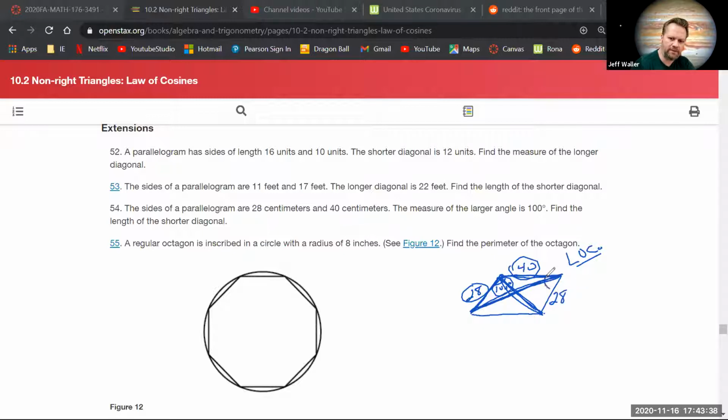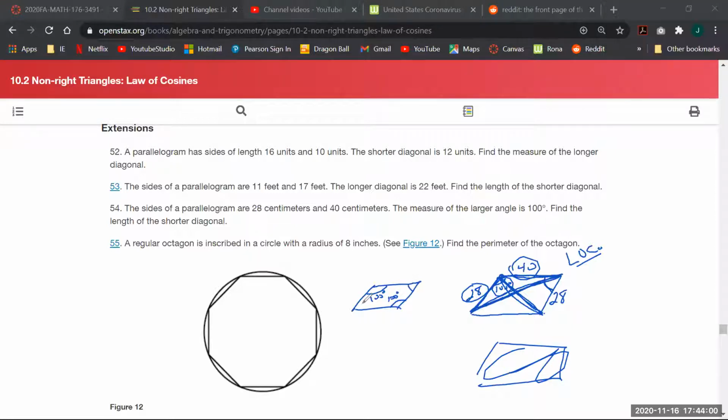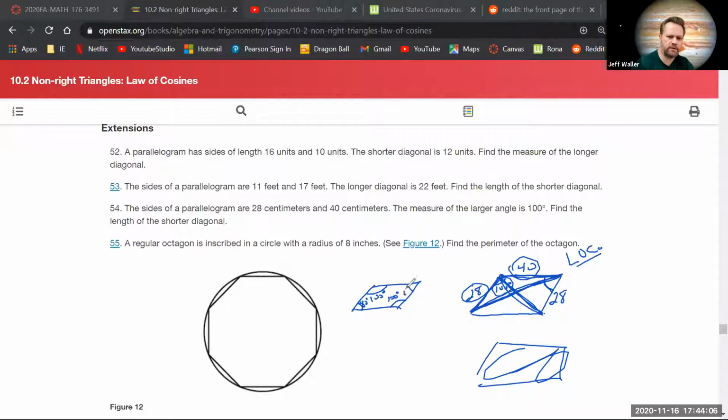What would this angle here be, though? Let me try this again without all my extra stuff in it. So this was 100 degrees. So what's this? 100. And what are these? 80. 80. So that you get 360 all together.